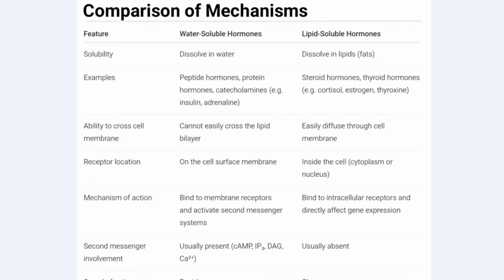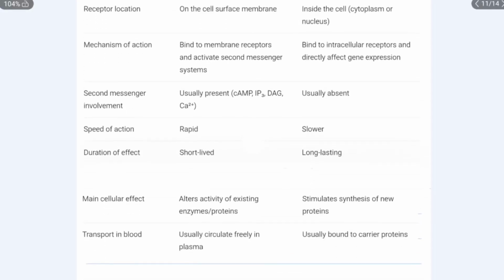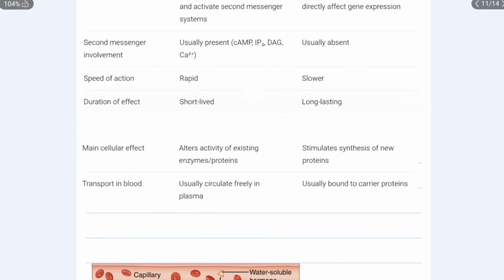Mechanism of action: water soluble hormones bind to membrane receptors and activate a second messenger system. Lipid soluble hormones bind to intracellular receptors and directly affect gene expression. Here the secondary messengers are not needed. Second messenger involvement: usually present in water soluble, and usually absent in lipid soluble.